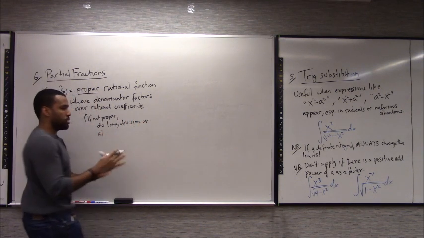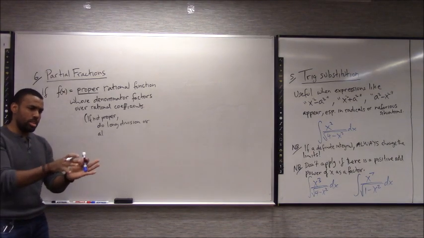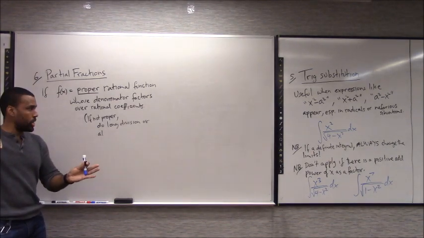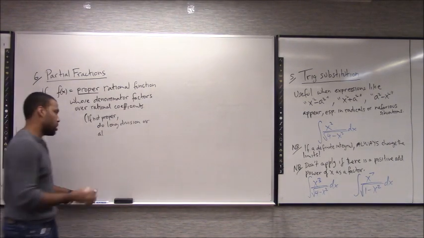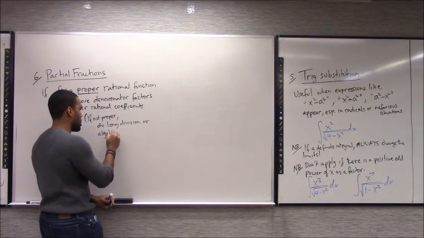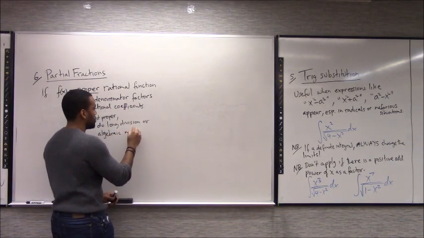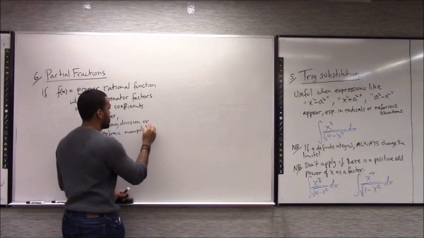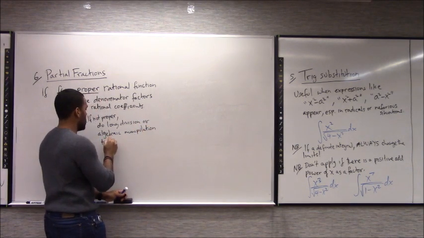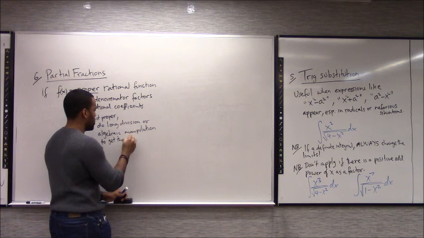Or I taught you the algebraic manipulation of trying to get the denominator in the power, then correct for the change that you made, split them up. You can do things like that. So some sort of algebraic manipulation to get the expressions proper.